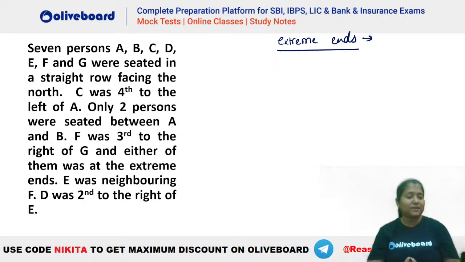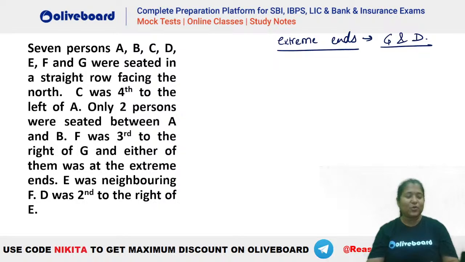So who are the two people at the extreme ends, guys? G and D. Completed, Kavita? Chalo.